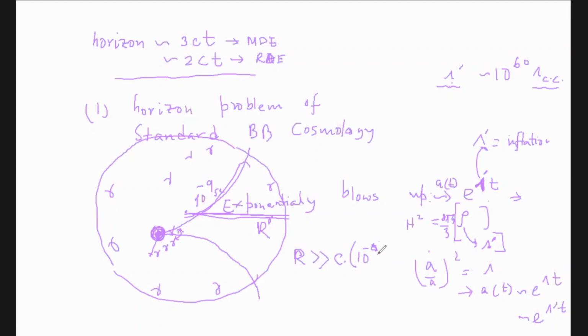Because how much distance could light travel in 10 to the power minus 9 seconds? C times t. So this is in centimeters or whatever, depending on the velocity of light. This is very tiny, because in 10 to the power minus 9 second, light can travel maybe only this much distance. So a photon could also travel this much distance.